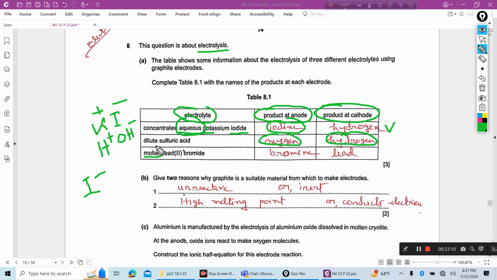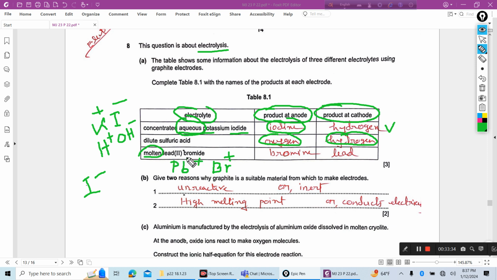Molten lead bromide, here no aqueous, no water. I mean lead bromide, Pb2+, Br minus. There is no water, so here there is no hydrogen will be formed at the cathode. Lead ion 2 plus means lead ion electron deficient, electron less.